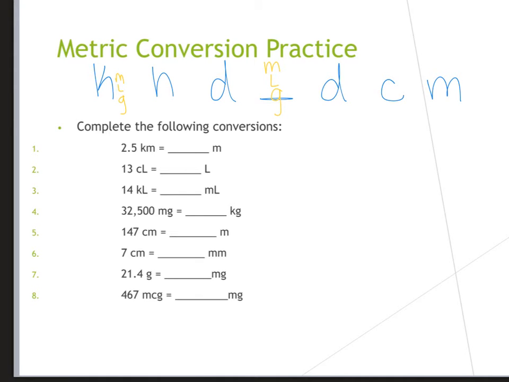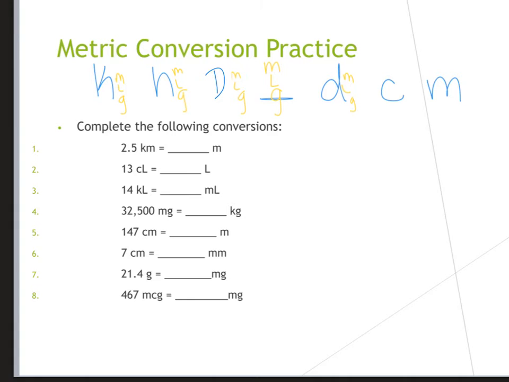So it would be kilometer, kiloliter, or kilogram depending on what you are working with, and that works all the way down the line there. Okay, so I did just change my deca to a capital D so that deci would be lowercase.